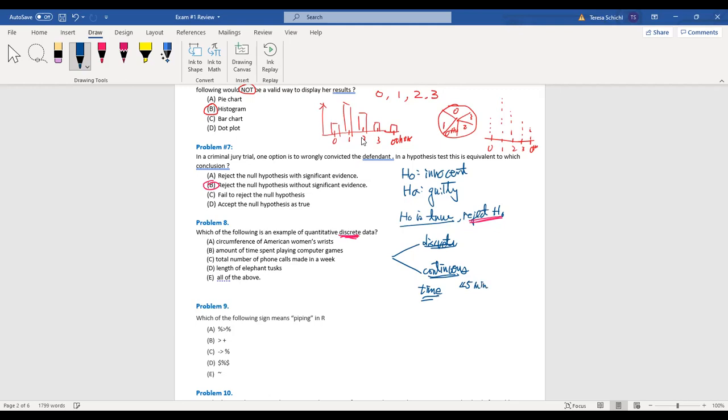Is it exactly 45 minutes? Probably not. So maybe you say it's 45 minutes and 10 seconds. Is it really 10 seconds? No, maybe it's 10.2 seconds here, right?